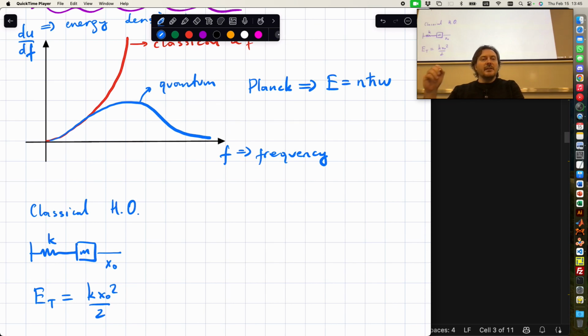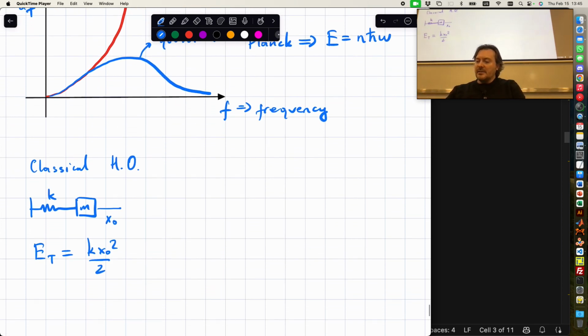So can I set x0 to anything I want? Classically? Yes. So classically, the energy goes between 0 and infinity, and it's continuous. Okay? As much energy as you want, and you can put 0 energy as well.